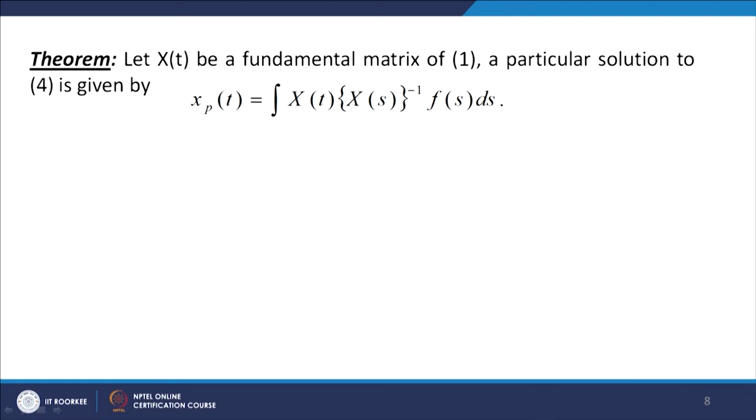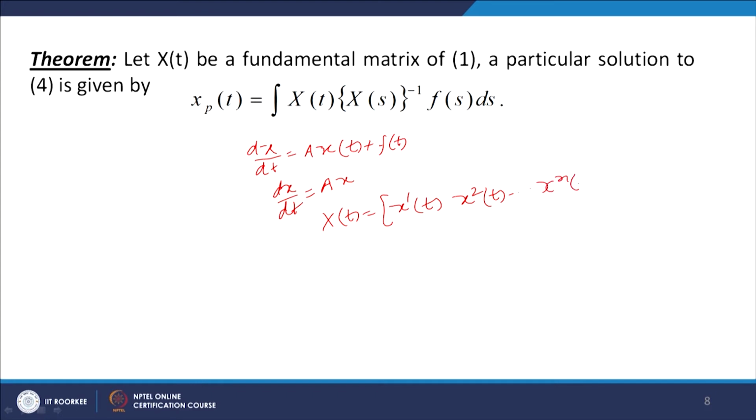Let us recall we have the system dx/dt equals Ax(t) plus f(t). This theorem tells us a particular solution xp(t) can be found once you know a fundamental matrix of the homogeneous system dx/dt equals Ax, that is X(t) equals x1(t), x2(t) and so on, xn(t).